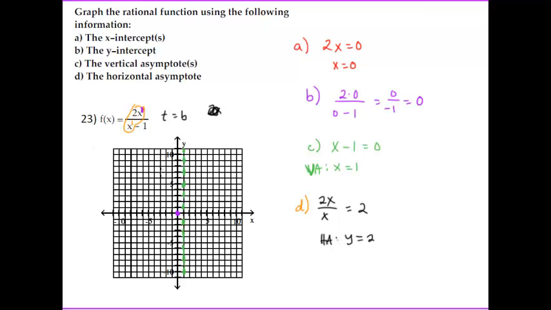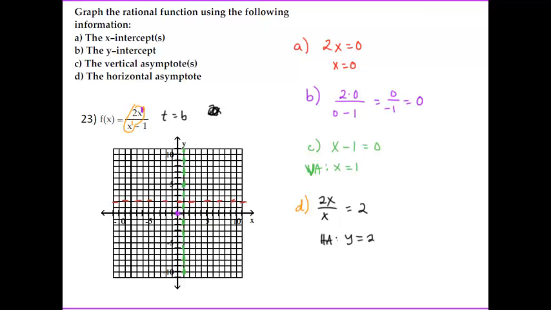So at 2 for y, I need to draw a horizontal asymptote, which is dashed. From here, if you've practiced enough, then you should already have an idea of what the shape looks like, and because of this (0, 0) here, it's really helpful.